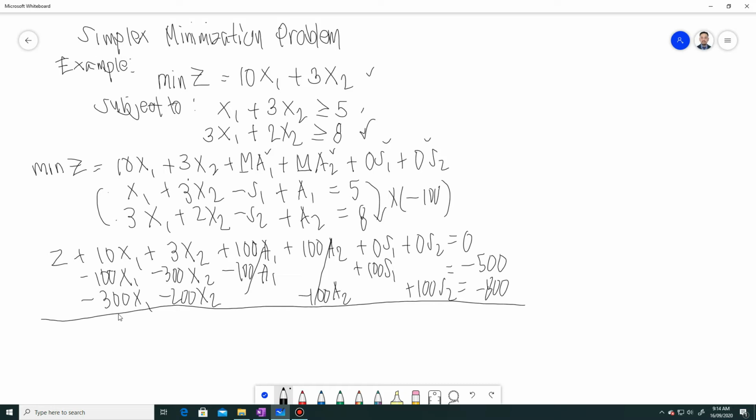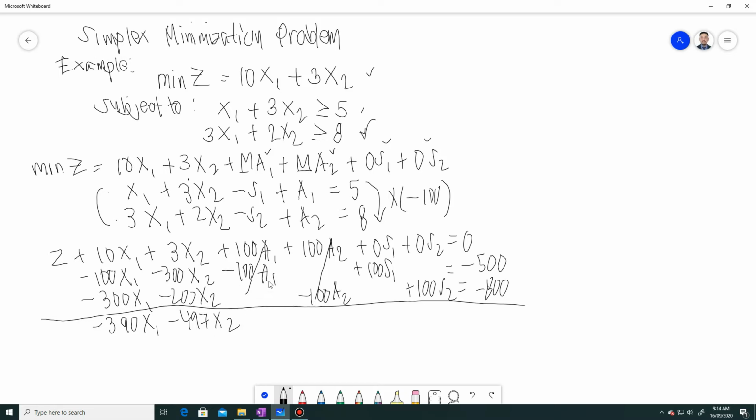Now we will perform mathematical operations. This becomes negative 390 x1. This becomes negative 497 x2.